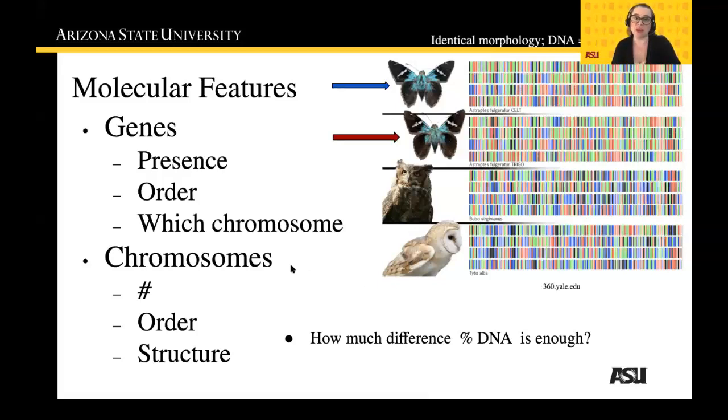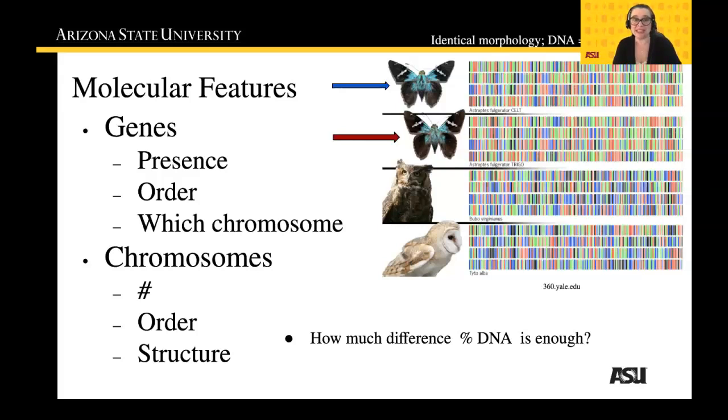One of the things that we struggle with when it comes to the molecular features or the DNA differences is how much of a difference is enough to be considered a new species. Humans, for example, vary within one another in our entire species about 0.5%.